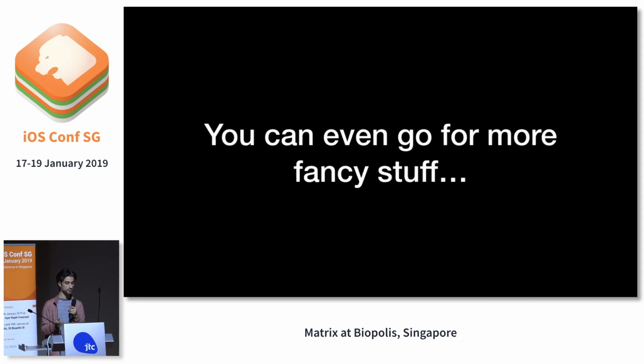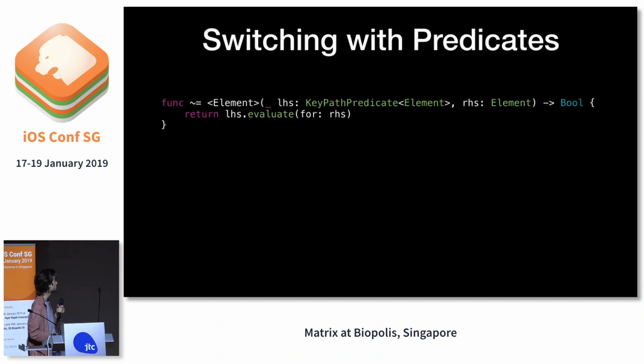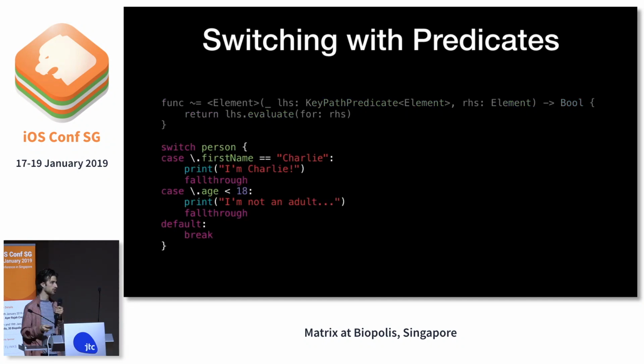And actually, if you feel like it, you can even go for fancier stuff. For instance, you can implement the pattern matching operator, the tilde equal operator, and you're going to implement it with a predicate as its left-hand side, and an element as its right-hand side. The implementation is very straightforward. You evaluate the predicate by providing the element, and with this, you unlock the ability to switch on a value, and inside your cases, you can provide a predicate.